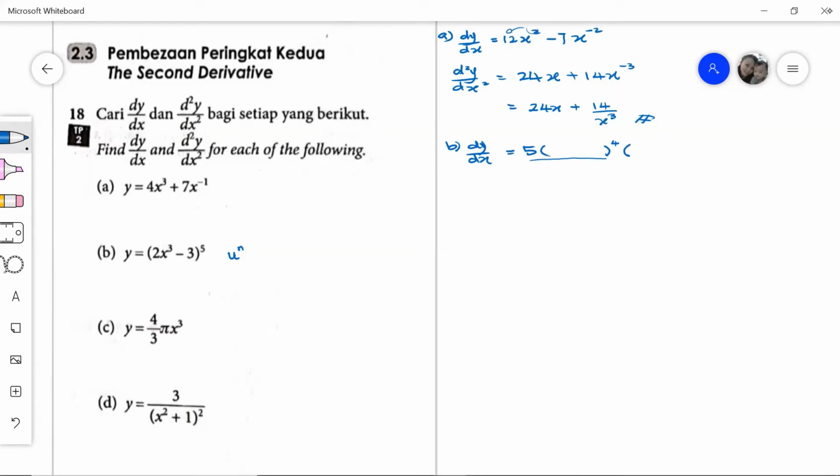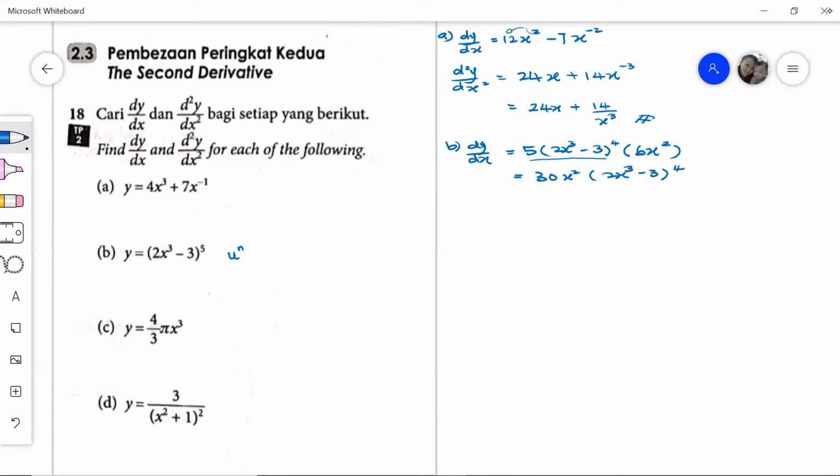The inside will be 3 times 2, so 6x squared, and the inside remains. Therefore, combine the 5 and the 6x squared. So we have 30x squared, 2x cubed minus 3 raised to the power of 4.